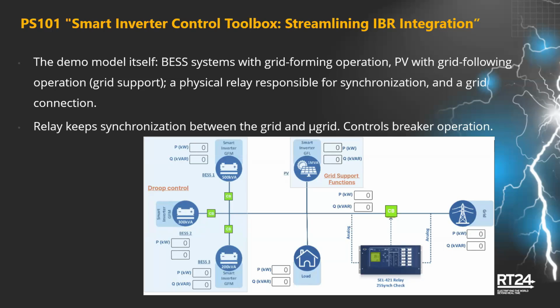All these IBR resources, inverter-based resources, are supplying a load. Also, this microgrid area is connected to a larger grid network. Now, at that point of connection between the grid and the microgrid, we have implemented a real hardware relay. You can see it on the table over there when we go look at it.